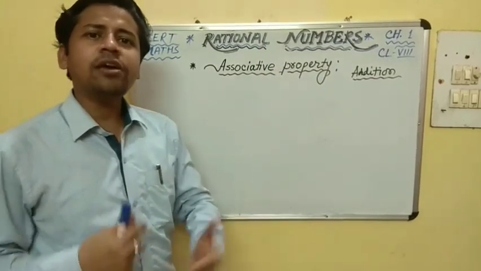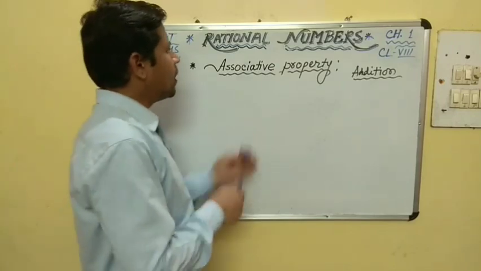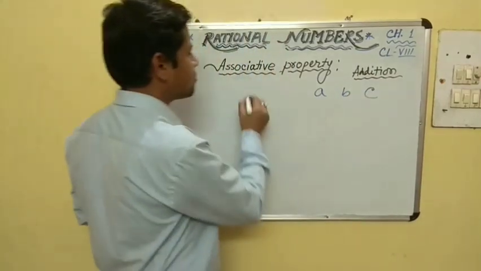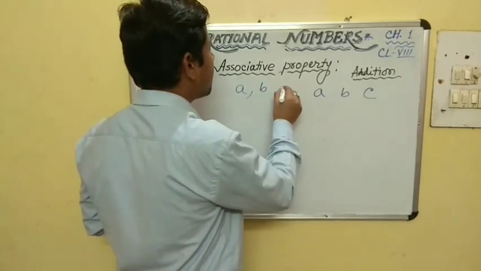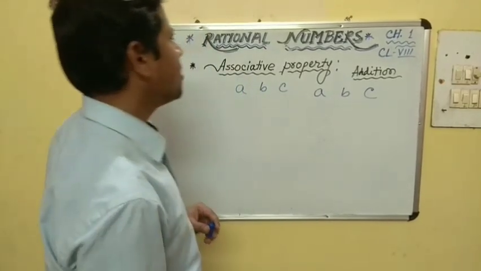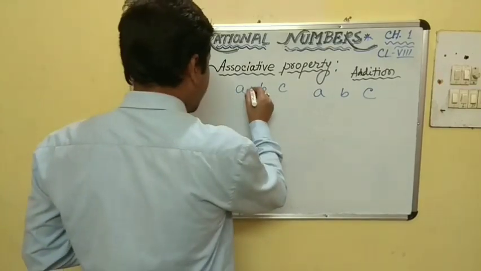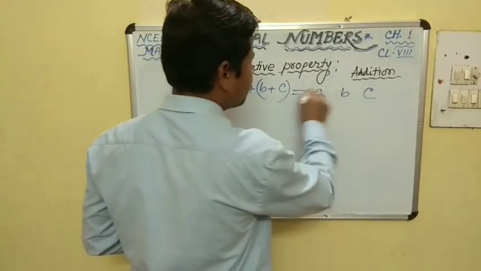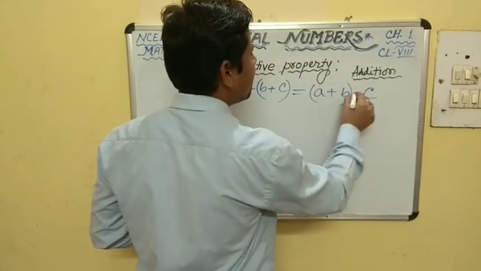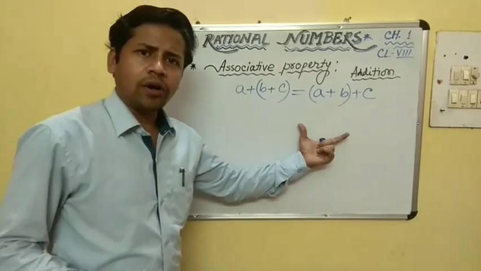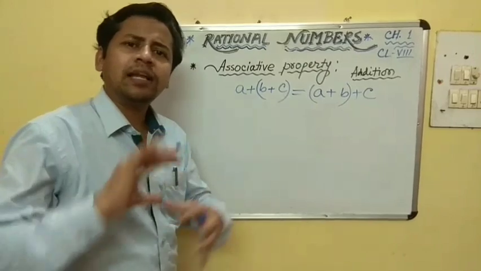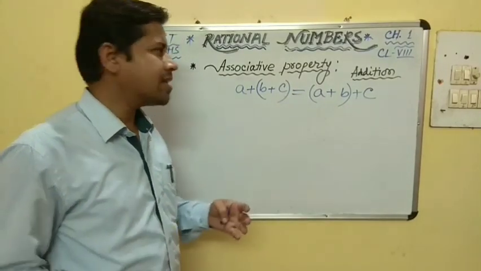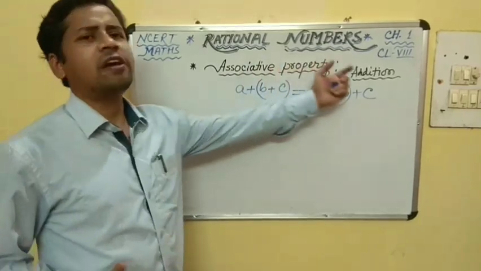Let a, b and c be any three rational numbers such that if we add them, (a plus b) plus c, in this order, and the result is the same for both the cases, then we can say that the rational numbers are associative under addition.